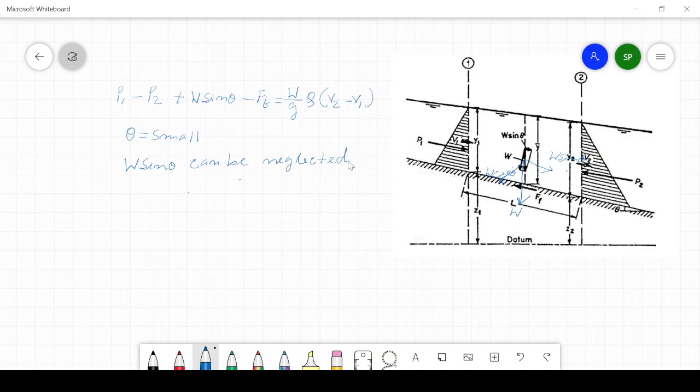Again, we are considering that your frictional force is very small. That means your bed is smooth. Then you can neglect FF also, the force because of the friction, that can also be neglected, isn't it? This can be neglected.